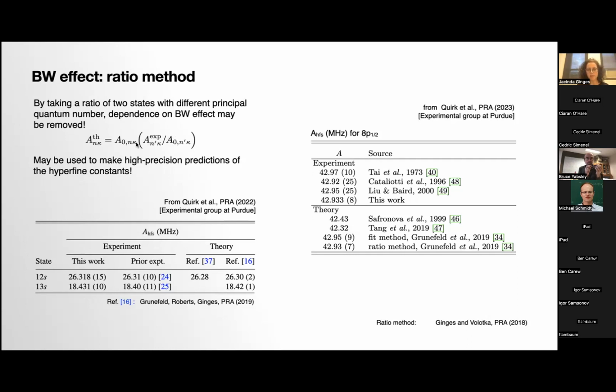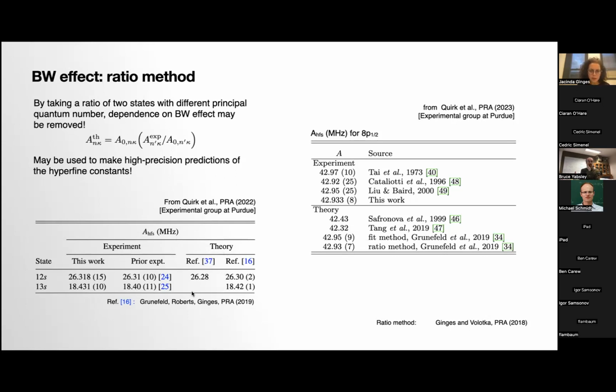If the theory uncertainties are not correlated for your calculations of the ground state and the higher state, then this works as replacing the Bohr-Weisskopf effect. But if the theory is correlated, then the uncertainties cancel, even if they're not very correlated, and you can do ridiculously high precision predictions of hyperfine constants. So that's what we did.